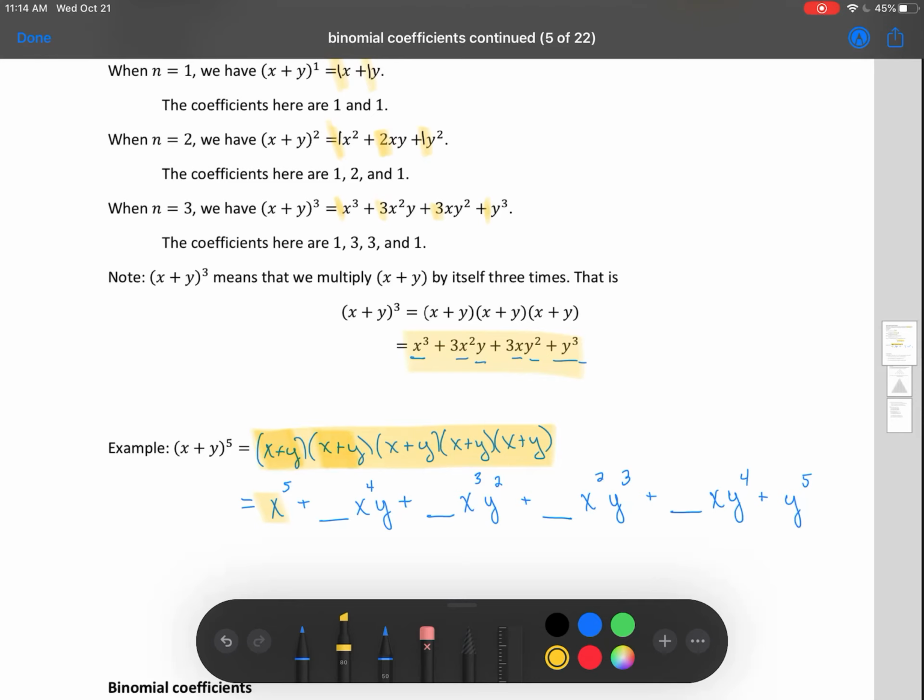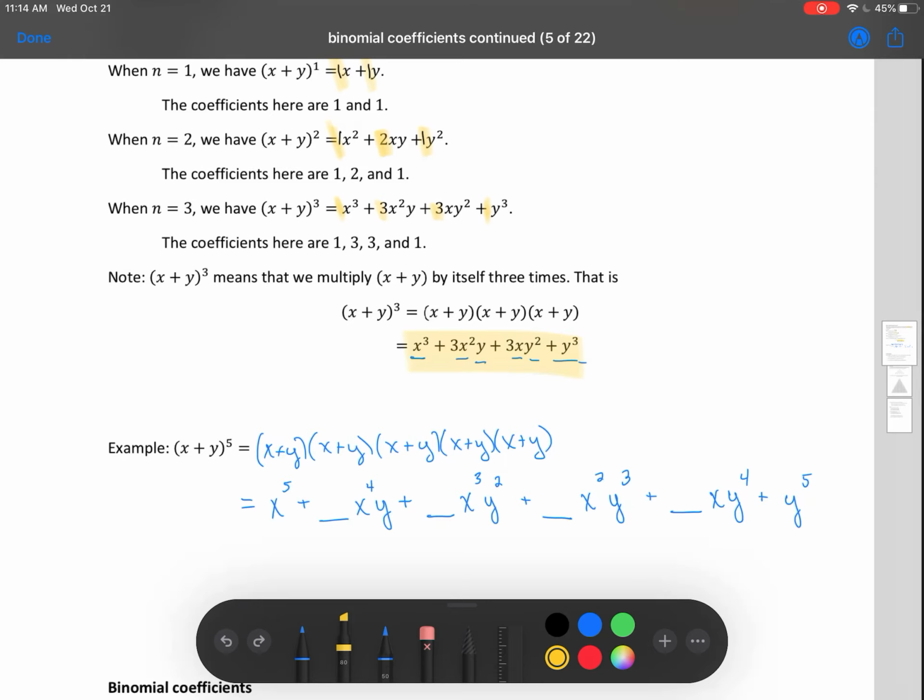So this one has to give us an x, this has to give x, this x, and this one. And there's only one way that we can do that. So that basically means that the coefficient here is going to be a 1. And again, we usually don't write it. For the same reasons, the coefficient of y to the 5th is also going to be 1. And again, we don't write that.